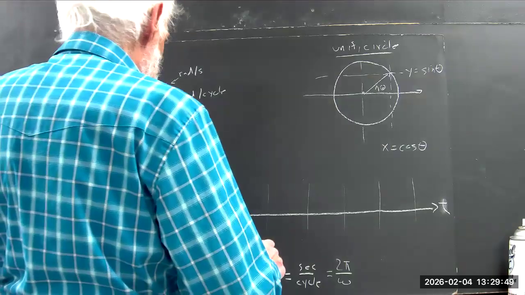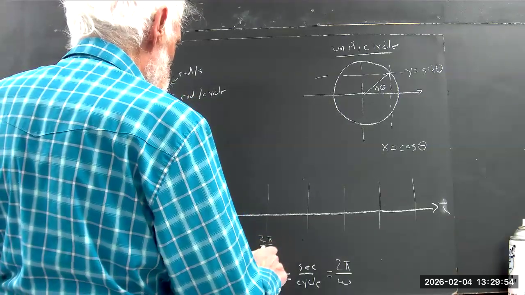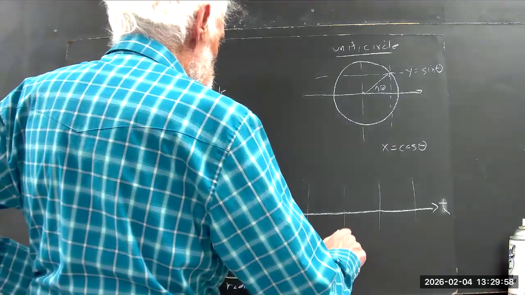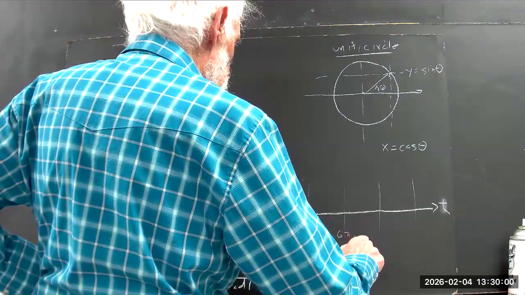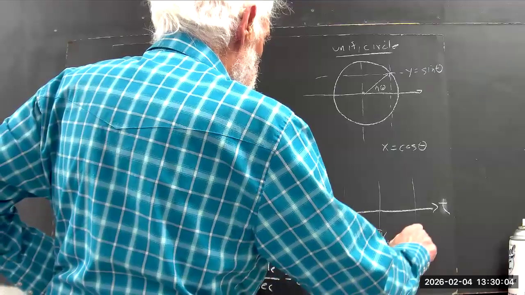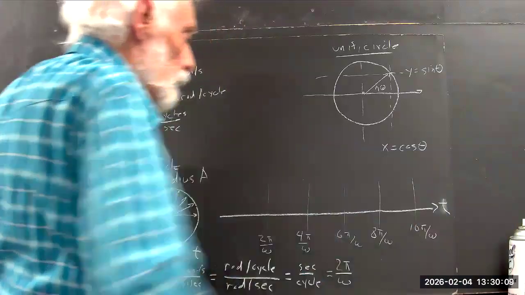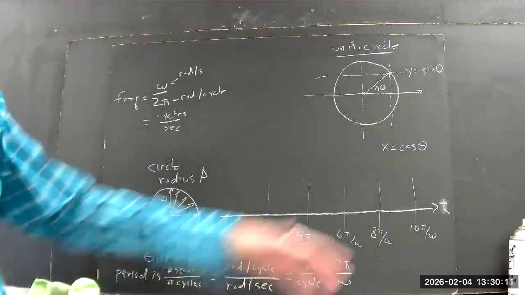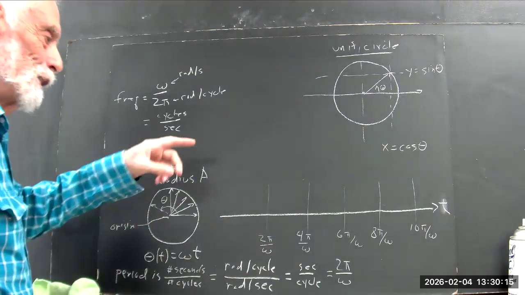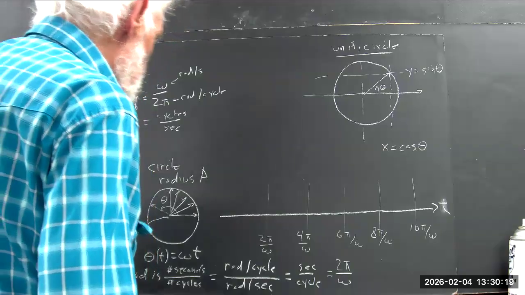So here are multiples of 2 pi over omega. Now this goes on theoretically infinitely, but I don't have time to write them all. Okay, so we'll just look at the first period here.